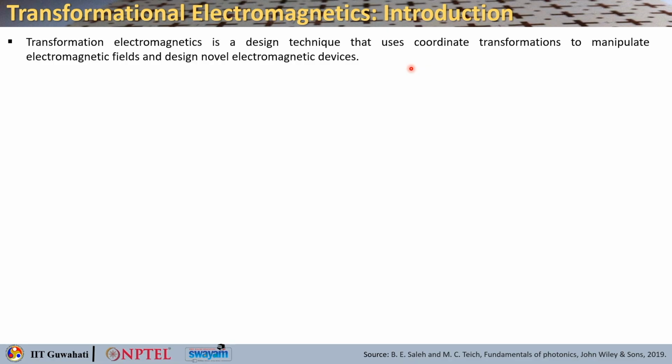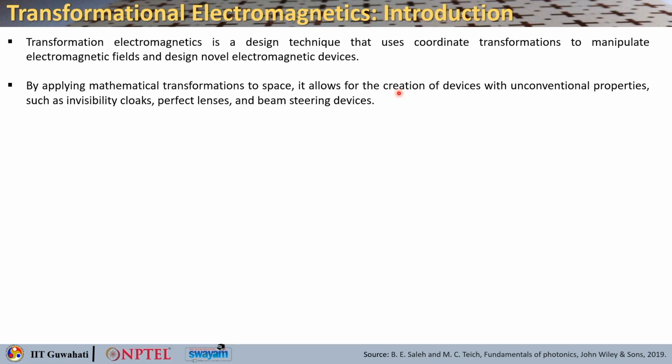So, this is basically a design technique that uses coordinate transformation to manipulate electromagnetic fields and allow you to design novel electromagnetic devices. So, by applying mathematical transformation to the space, this technique basically allows creation of devices with unconventional properties, something like invisibility cloaks, perfect lenses and beam steering devices.